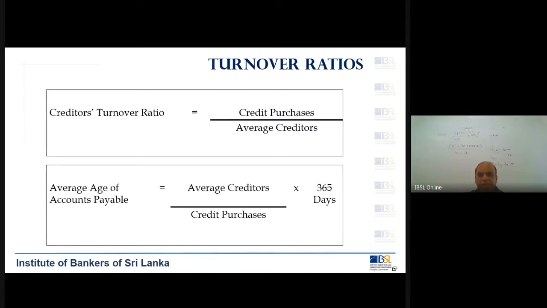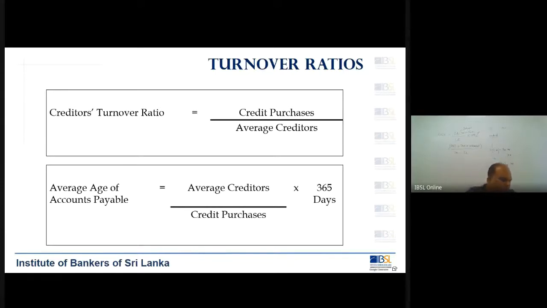And similar to the debtors turnover ratio, here we calculate the creditors turnover ratio. So how do you do it? You divide the creditors by the purchases. Again, this is credit purchases. Now, this is again the same example. In order to manufacture a good, you would have gone and purchased raw materials, and these raw materials will be on credit basis.